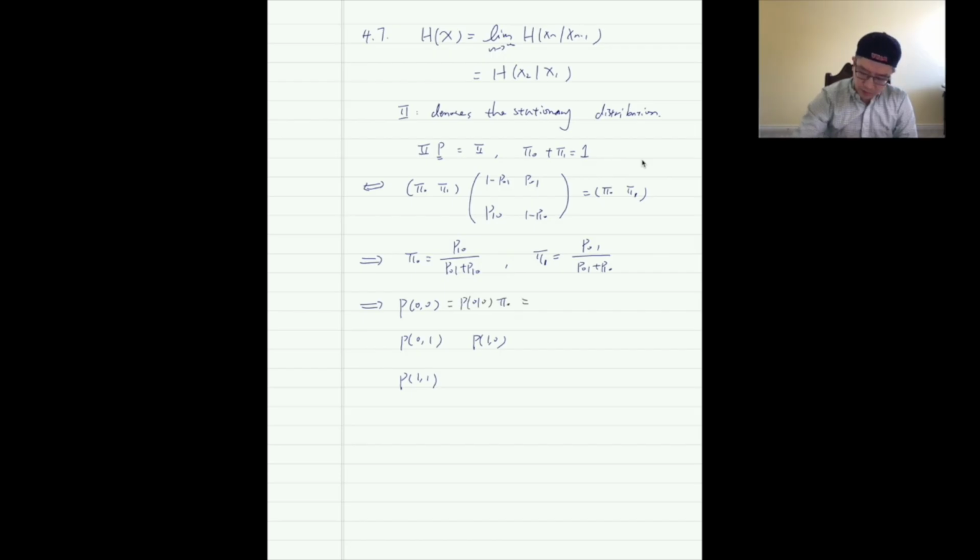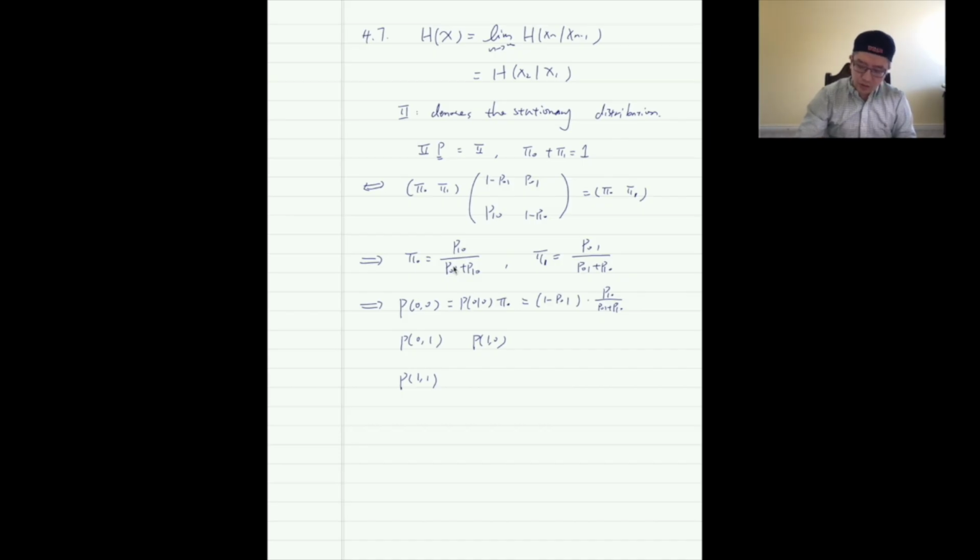So that equals 1 minus p01 multiplied by pi 0, which is p10 over p01 plus p10. Then that'll be it.